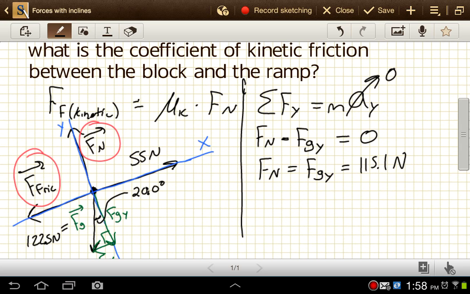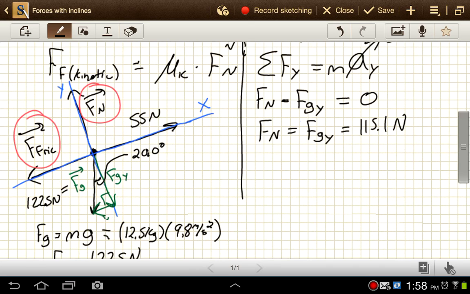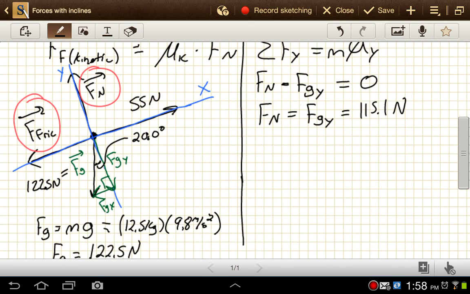Okay, now in the equation for the coefficient of friction, I had the normal force that I needed to find, which I've done, so that part's good, and I've got the kinetic frictional force that I need to find. I see that that's a force in the x direction, so that means I also need to do my net force in the x direction. It's equal to mass times acceleration in the x direction.